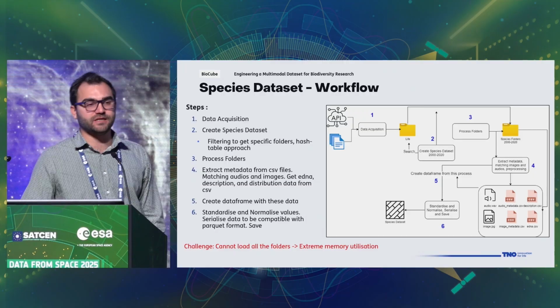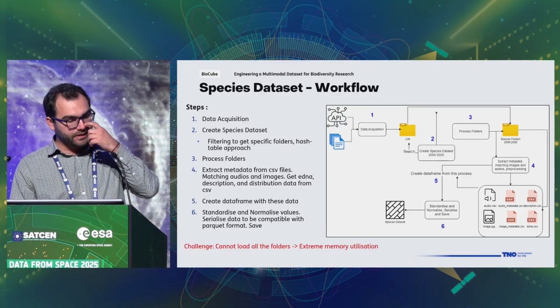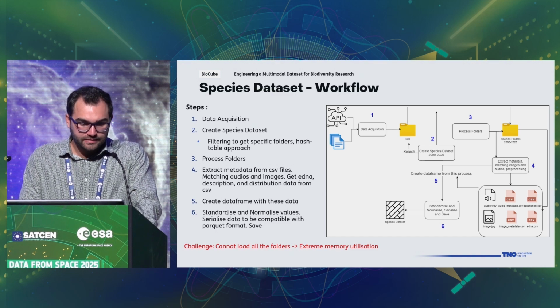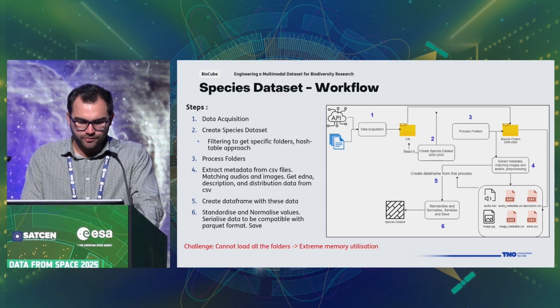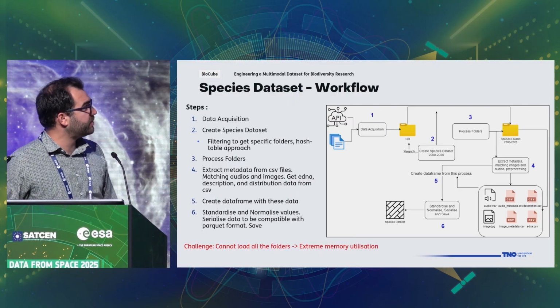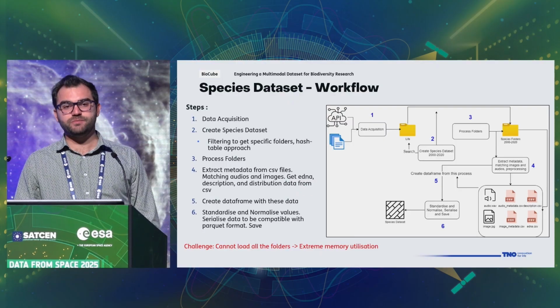For the species dataset, because this is an extra dataset we built, again, there is a pipeline to create it. I'm not gonna go through it. It looks a bit complex. It is not in practice. We just acquire the data through GBIF most of the times.